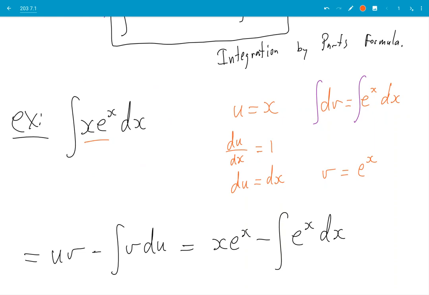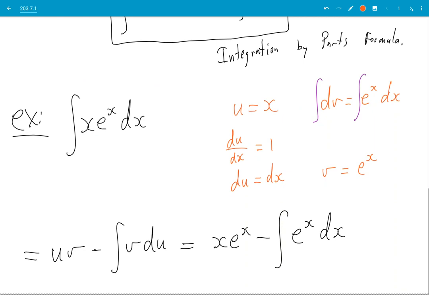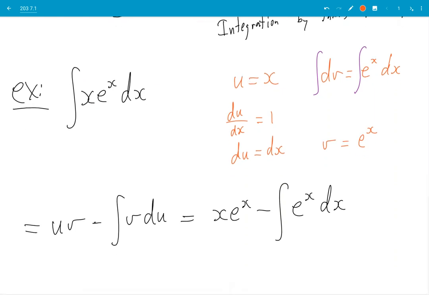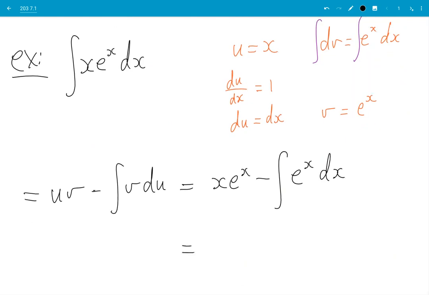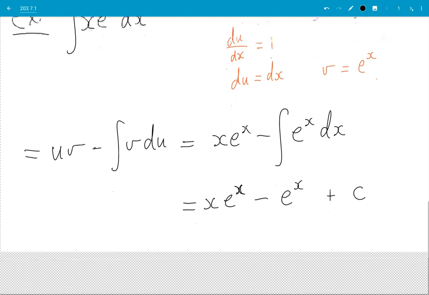The problem was this product here, x times e to the x. That's not easy to handle. So our problem's gone, and we are in fact done. The integral of e to the x is just e to the x, and that's that, plus c. All done.